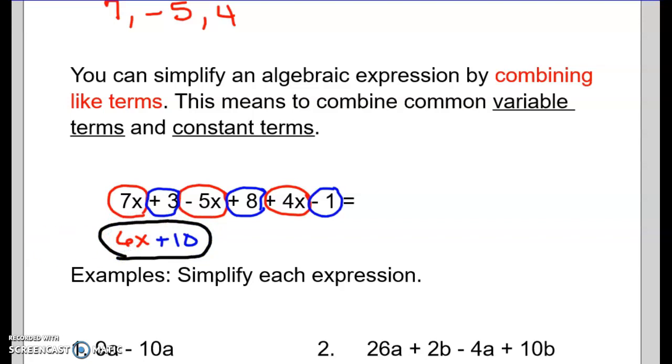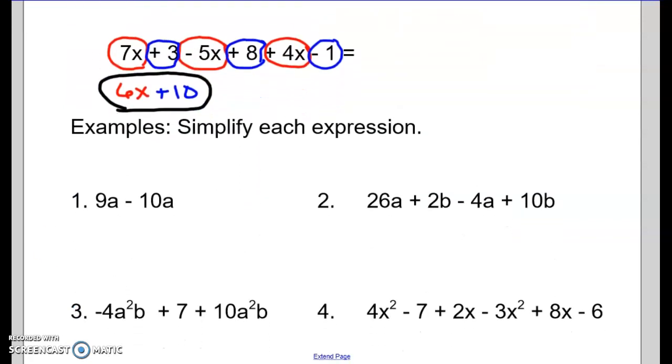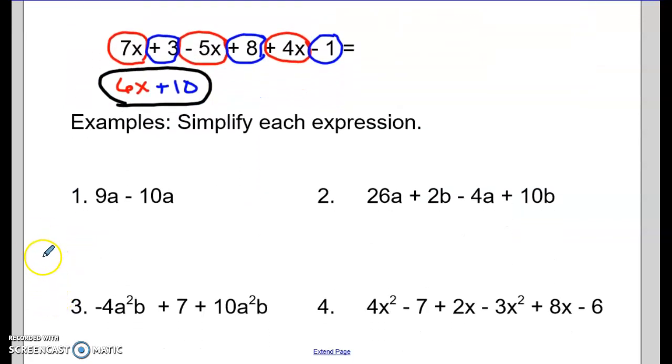All right, let's take a look at some more examples. We are going to simplify each expression. So number 1, 9a minus 10a. Well, both of these terms have a number and they both have the same variable, so we can combine them.